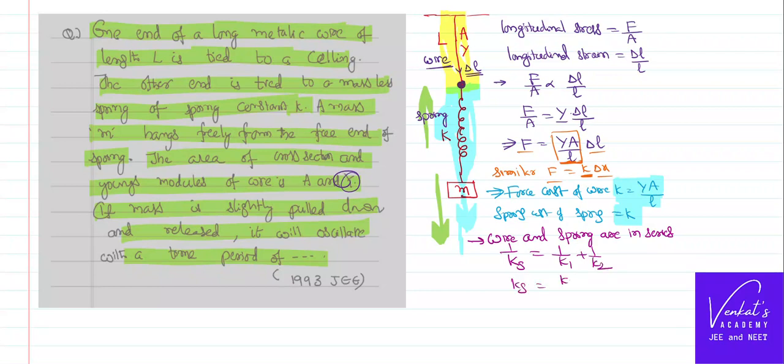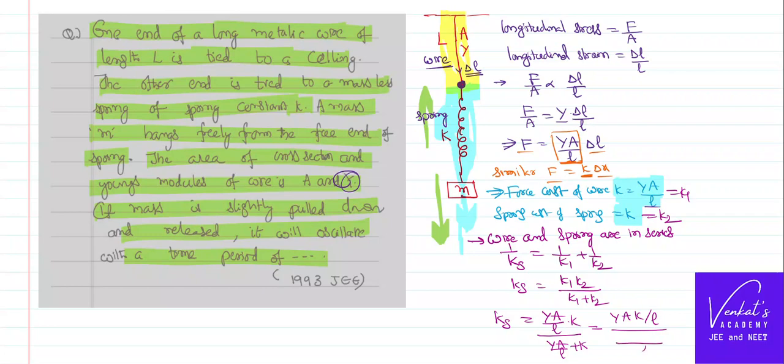So K series is K1 K2 by K1 plus K2. Here K1 is YA by L, and K2 is K itself. So K series is K1 K2, that is YA by L times K, divided by K1 plus K2, YA by L plus K. If you simplify this further, it becomes YAK by L in the numerator.